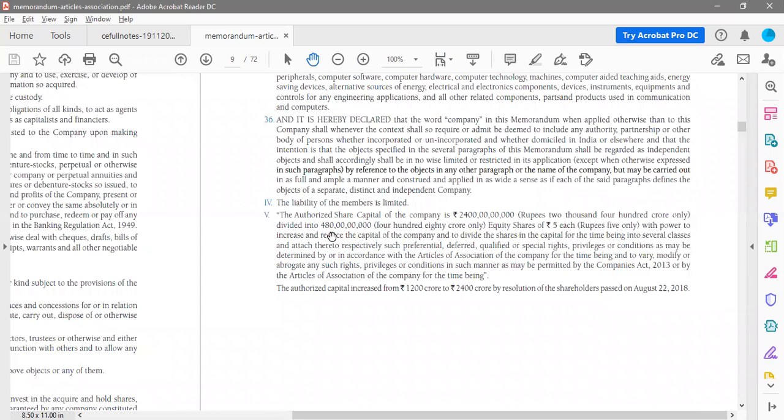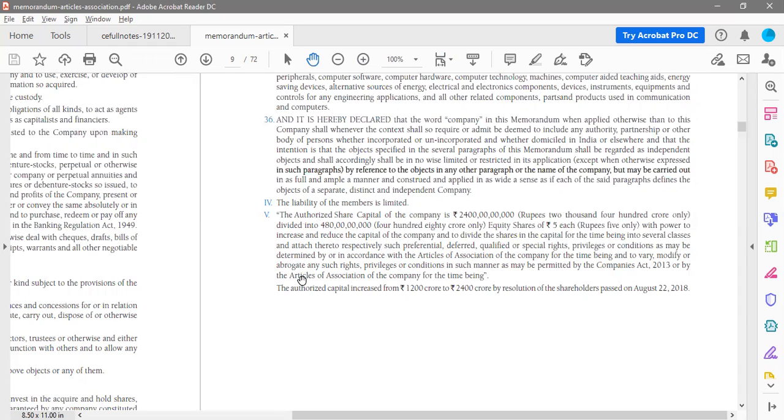And then we have authorized capital. So this is the capital clause. In this capital clause, there are two clauses: one is the capital clause, one is the subscription clause. Capital clause means what is the authorized share capital. Now, what is authorized share capital?